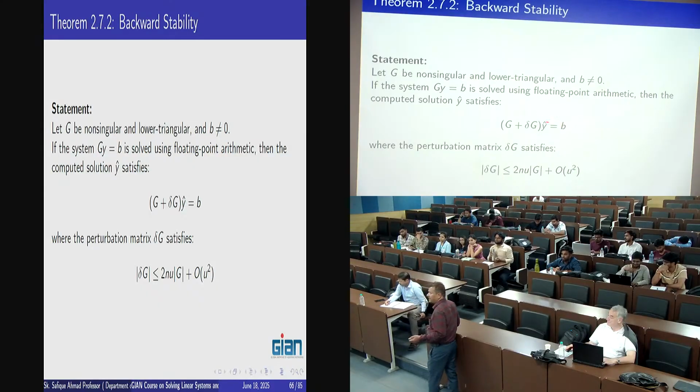So yk equal to this, and this delta G is the backward error.